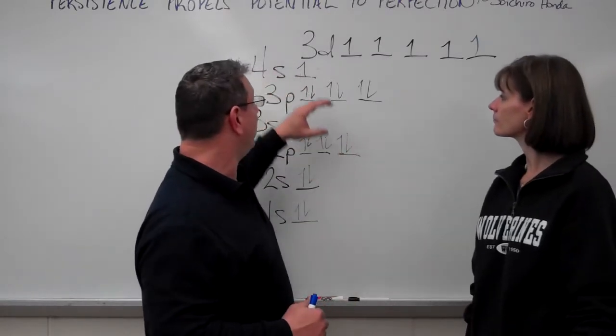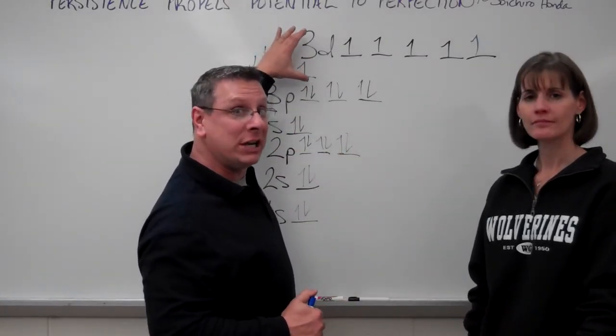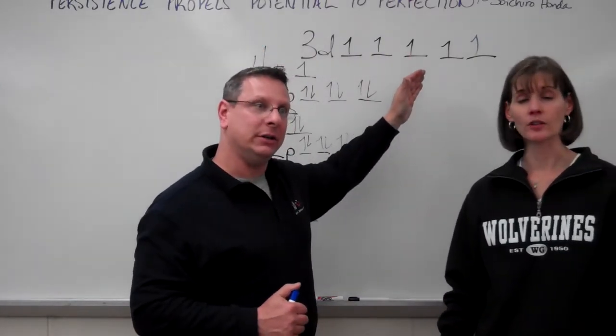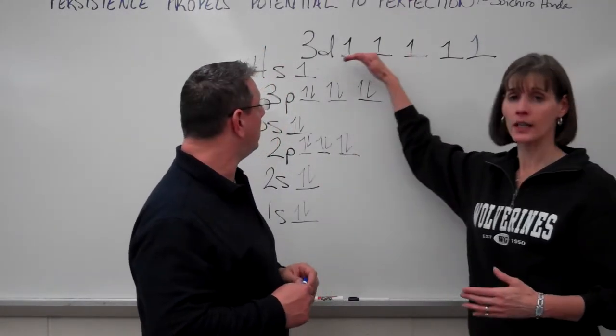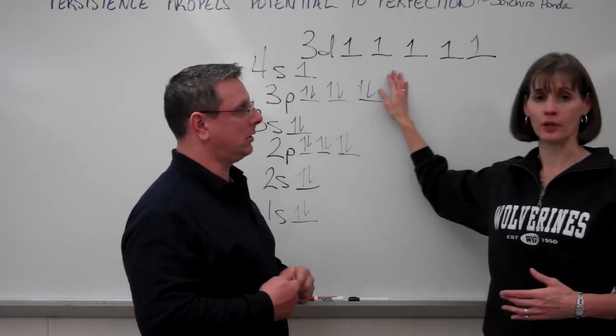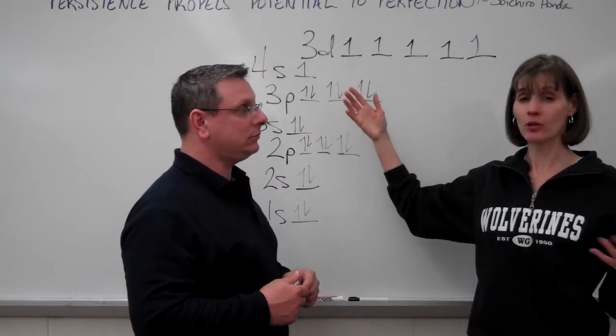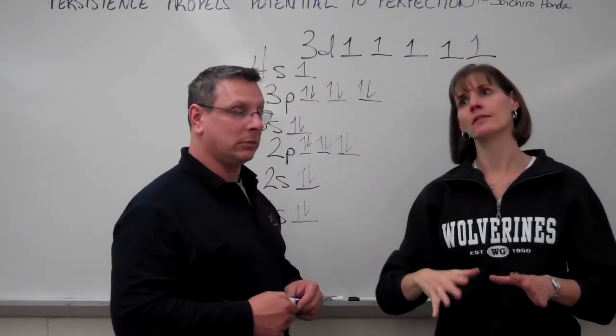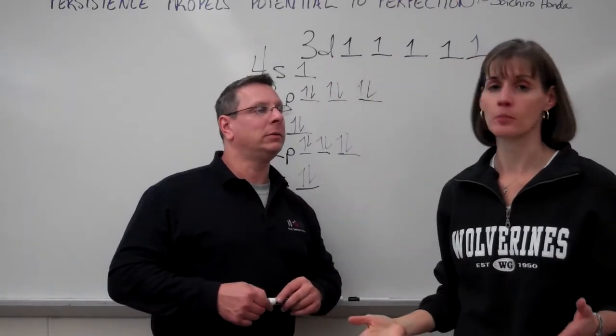Now these highest energy orbitals are half filled. They can't be doubled because there's not enough electrons, but if we can at least get 1 in each, that's the next best arrangement for stability.